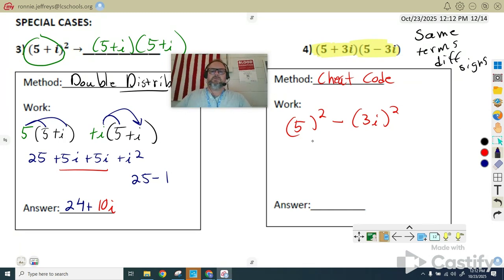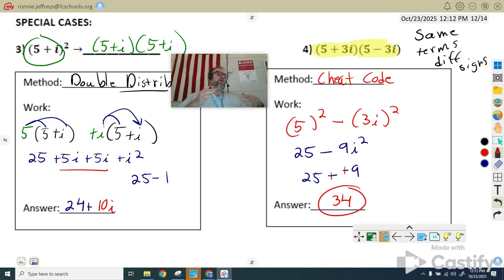So what's 5 times 5? 25. Minus 9i squared, which becomes 25 minus negative 9. Minus a negative is plus a positive, so 34.